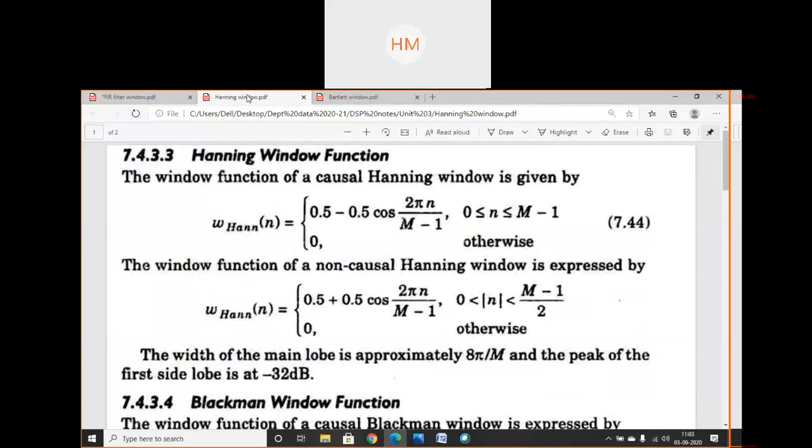The window function of a causal Hanning window is given by, write down this equation number 1. So please write down this in your copy because we have to solve many numericals on FIR. So if you have this equation, it will become easier to simplify.